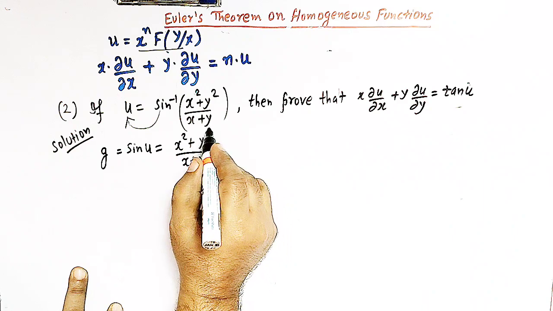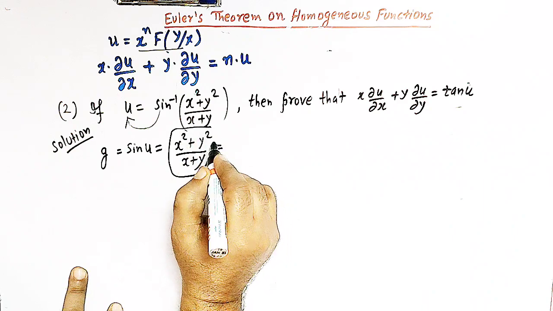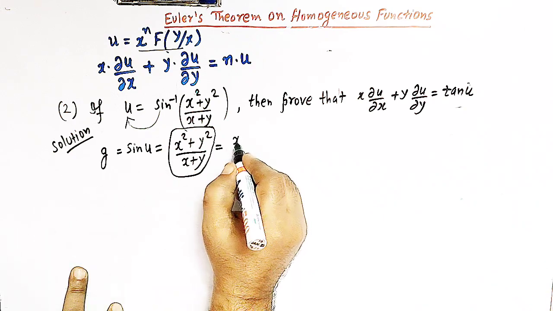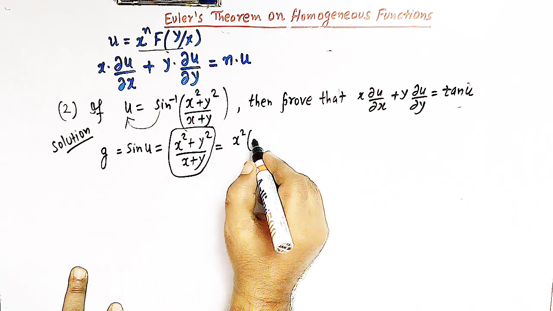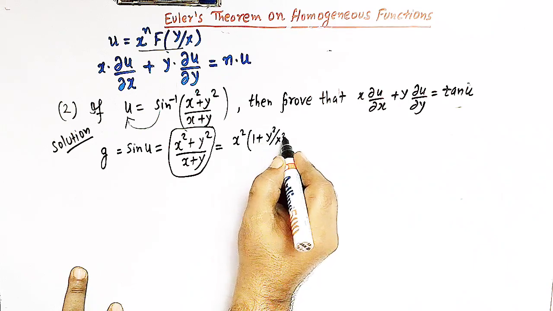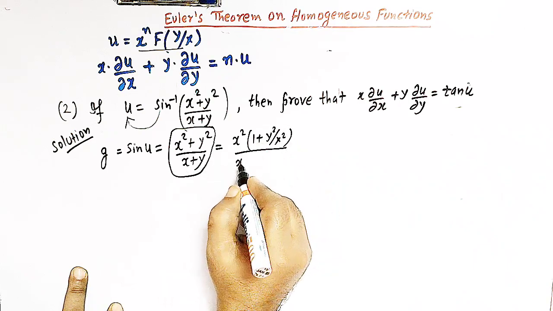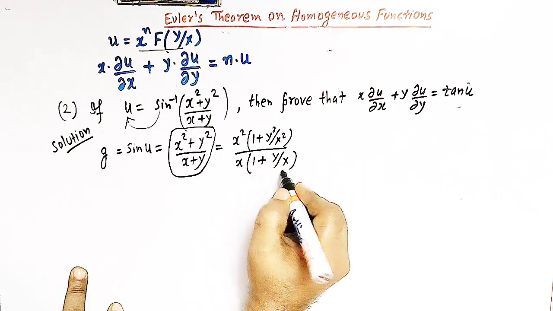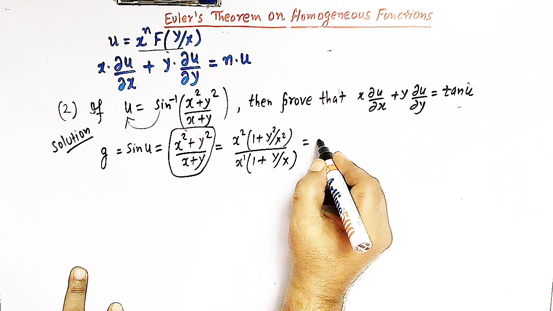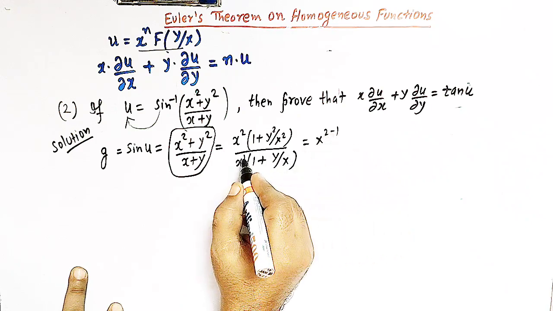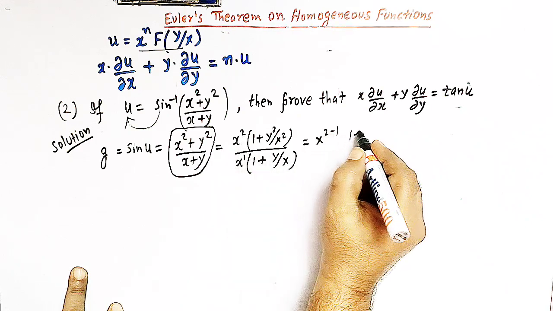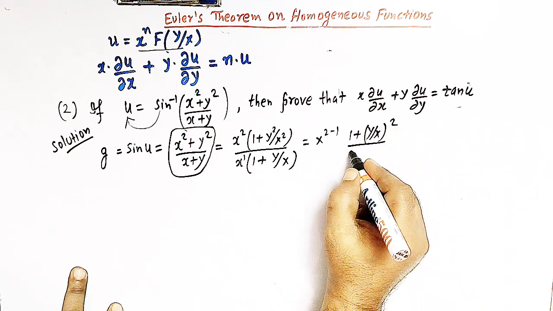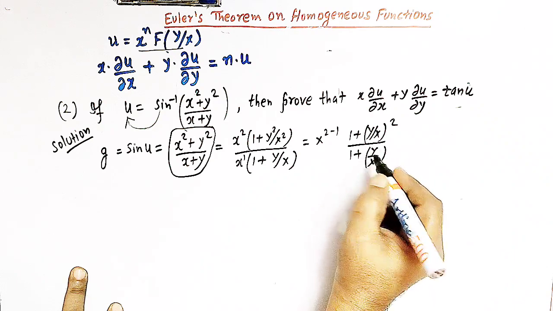Now let us show that this function is a homogeneous function of degree 1. Taking x square common in the numerator, we have 1 plus y square over x square, and taking x common in the denominator, we have 1 plus y over x. So we have x raised to 2 minus 1, and then 1 plus y over x whole square over 1 plus y over x.